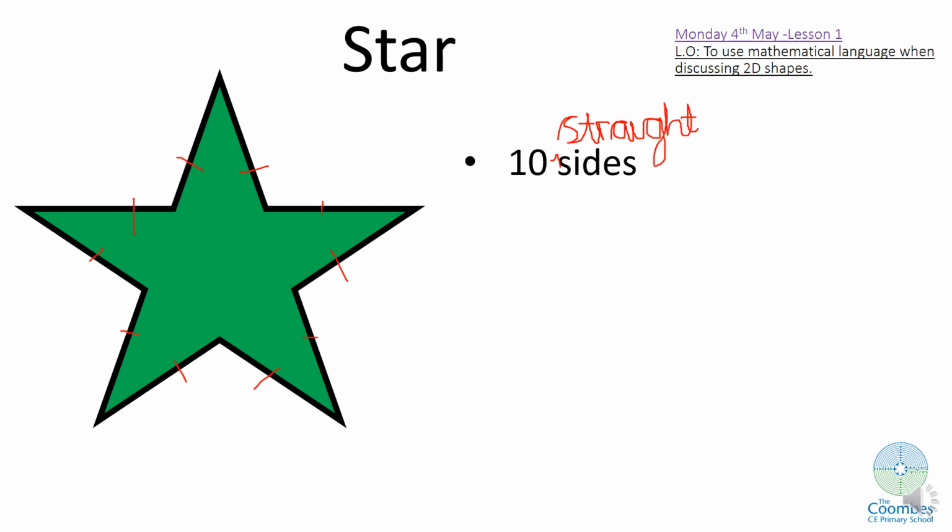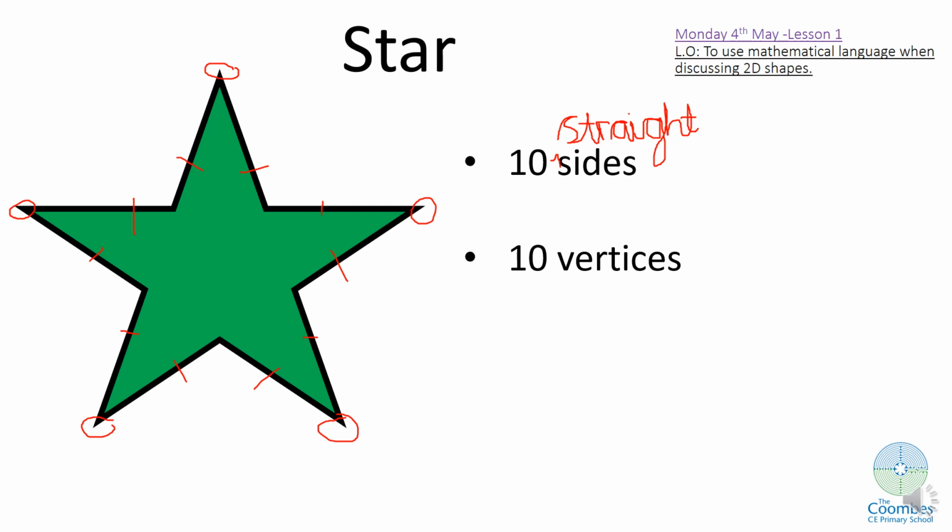Ten straight sides. Okay, it also has 10 vertices. Now I can definitely see 5, so let's see the 5 that we definitely can see. So we've got 1, 2, 3, 4, 5. But there is double the amount of vertices on a star. So remember, a vertex is where the sides come together to make a pointy bit.